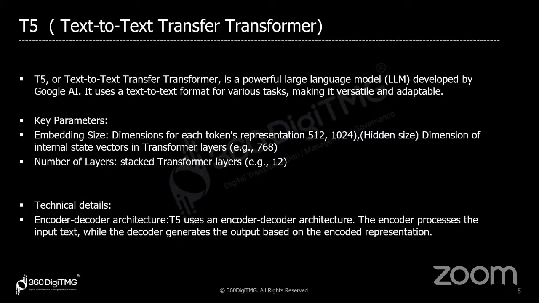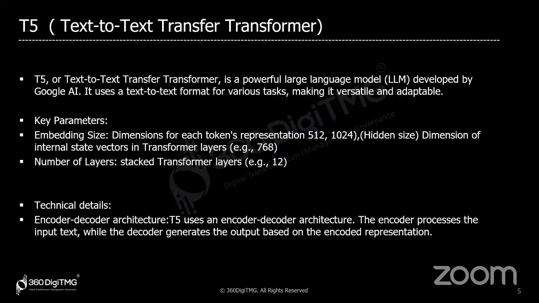There are key parameters in it. So let's see the key parameters. Here, embedding size: the dimension for each token. What is meant by token? A token can be a word, or here we are initializing it as words or subwords.